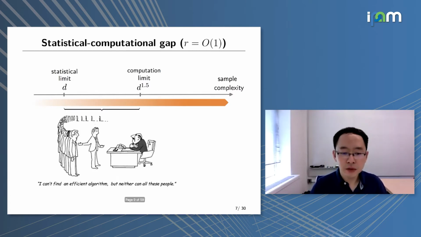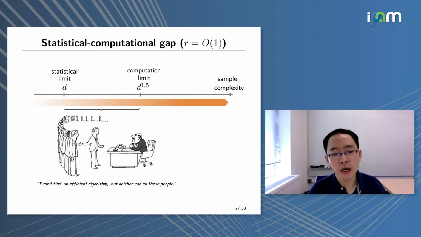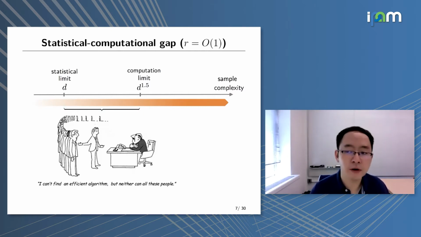However, so far there is no polynomial time algorithm that is known to achieve the statistical limit. In fact, there is no tractable algorithm that can recover the tensor if the sample size is below d to the 1.5. So this seems to be a big gap here.